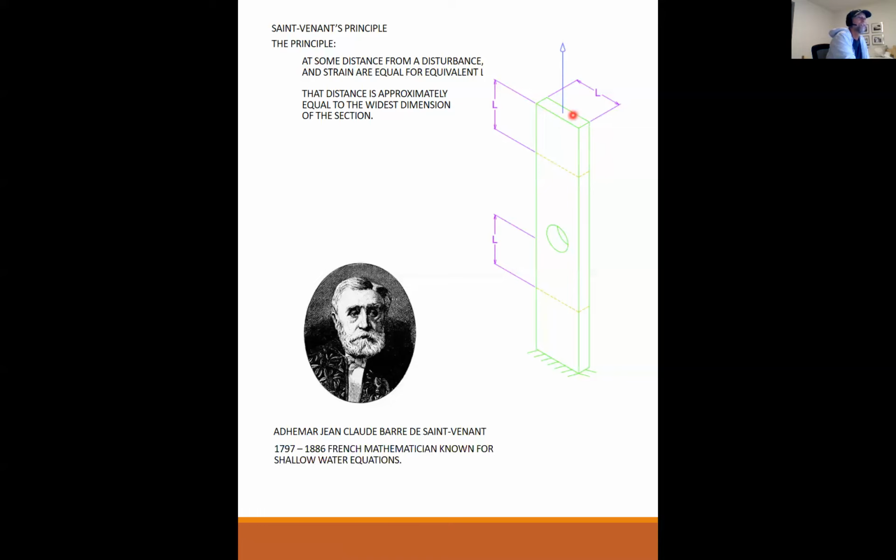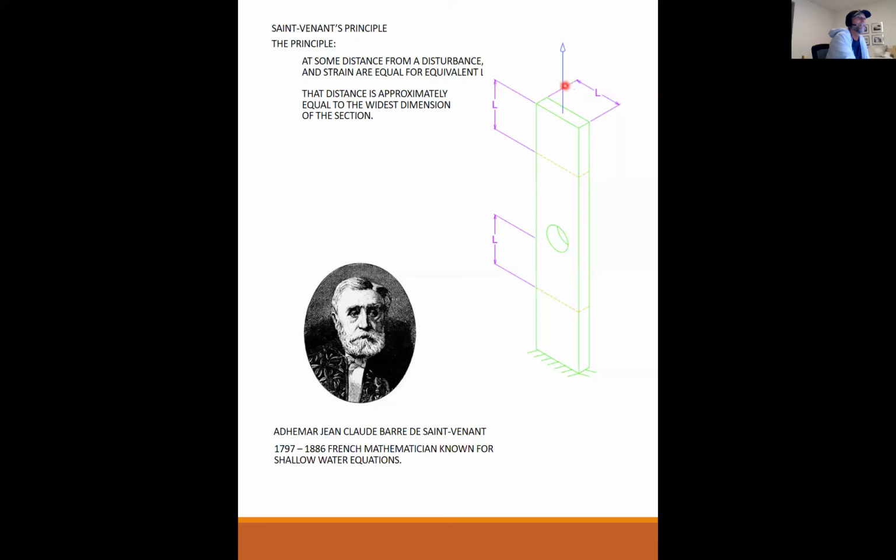The principle also says that at L distance away from the application of the load, there would be no discernible difference between one big load that equals 100 kips or two symmetrically placed 50 kip loads or four 25 kip loads. It doesn't matter.